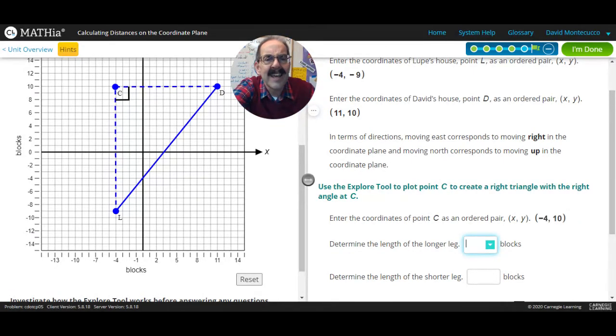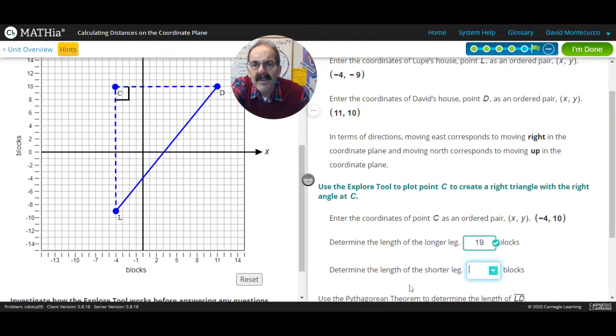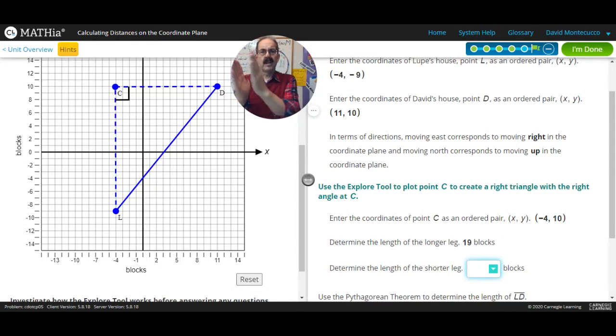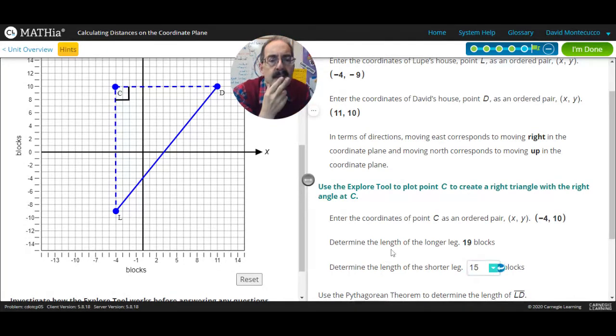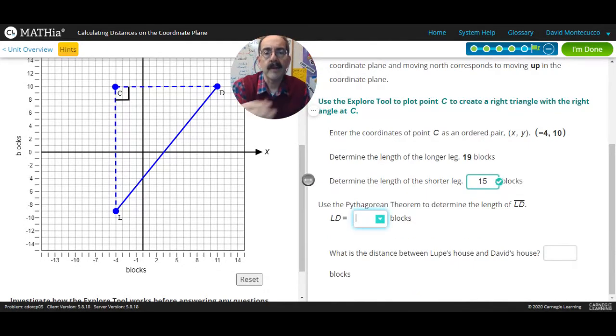-9 all the way to 10. 10 units, 9 units, 19 units, big numbers. From -4 to 11, that's 11 and 4, 15. Okay. And then we'll just use some Pythagoras here.